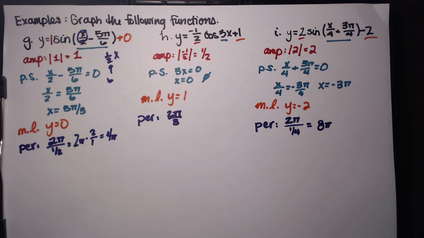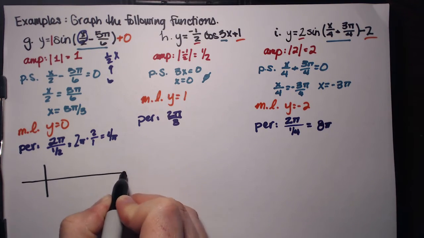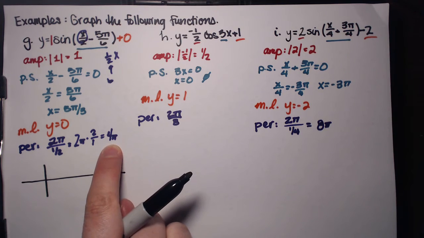Okay, and then our x scale. I'm actually going to show you how to do it without the x scale first. Basically, I need to make sure to include an entire period, and so 4 pi is pretty big.